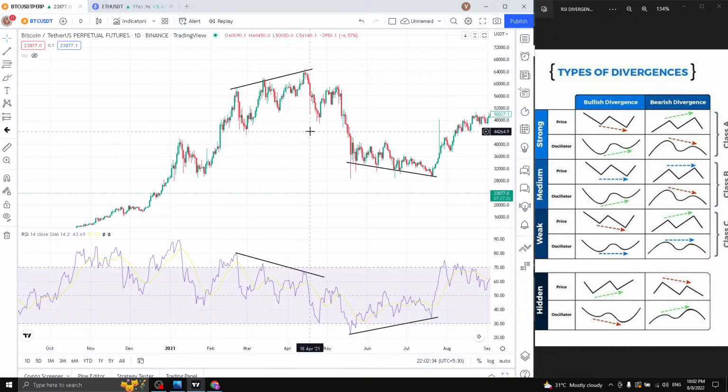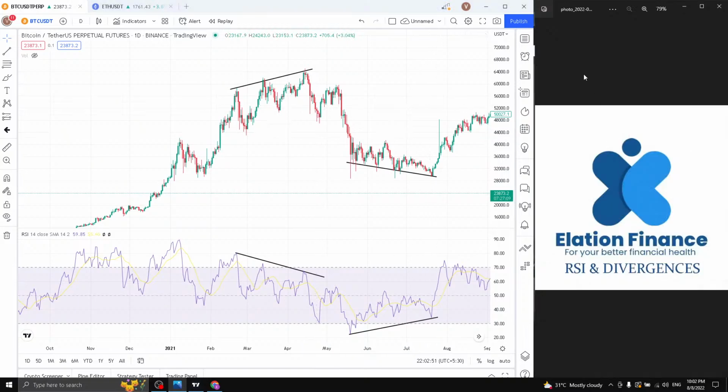Divergences can help you understand that there is a difference between the price action and the RSI, hence the term divergences. It can be used to set up trades for reversals and continuations.